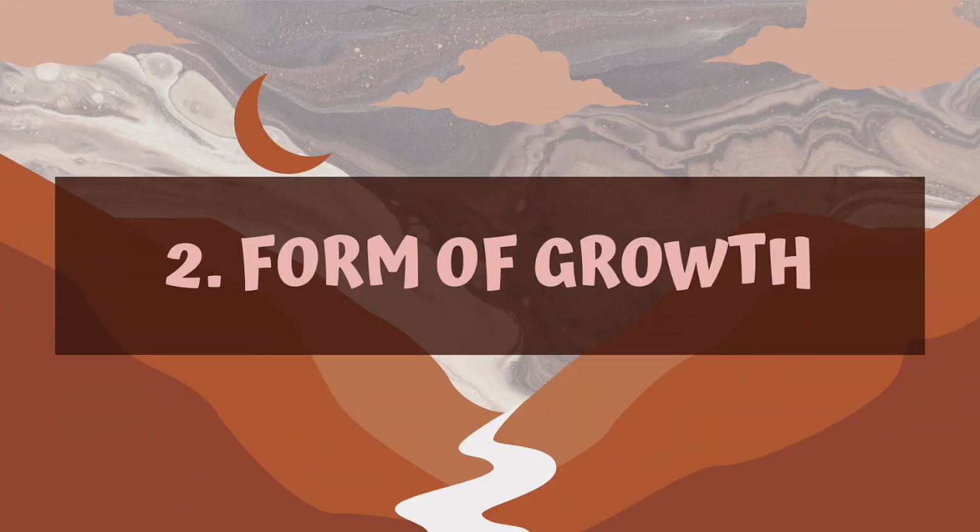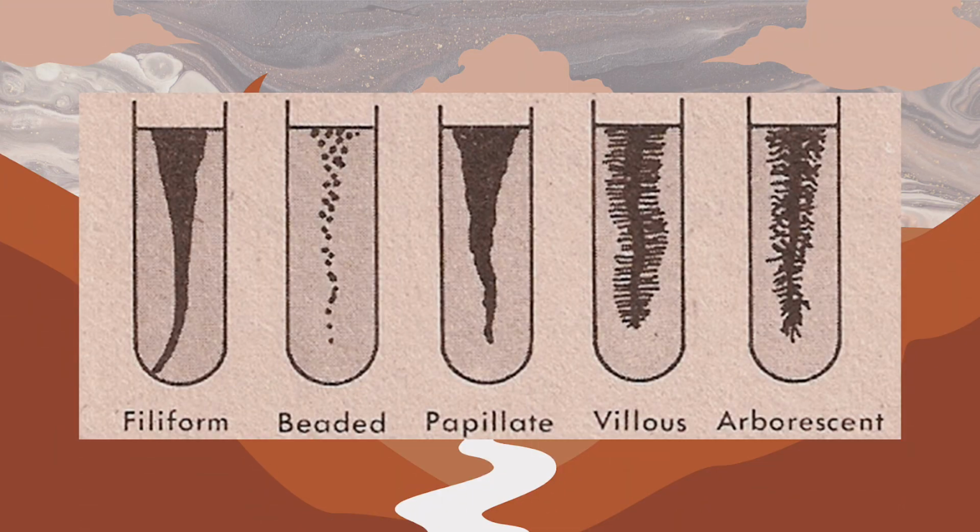The development of growth is characterized by the presence of filiform, confluent, or beaded colonies throughout the inoculation. Papillate, on the other hand, is similar to filiform but has a different shape. Villous is a root-like structure that appears like villi. Finally, arborescent is the branching tree-like growth.